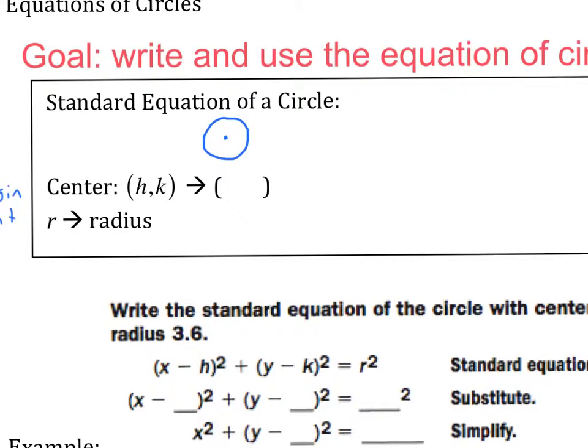There are two components to a circle. Number one, we need to know where the circle has a beginning, a center. And the next part we need is how far from that center should I wrap around the center? And that's the ugliest circle in the history of the world.